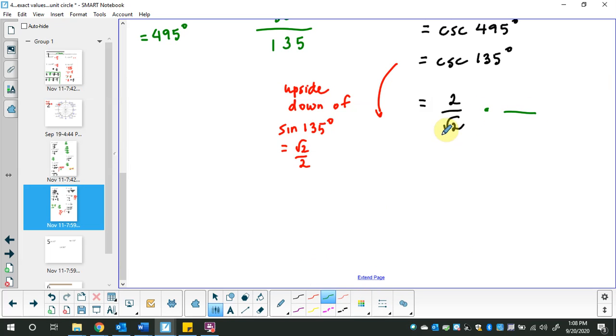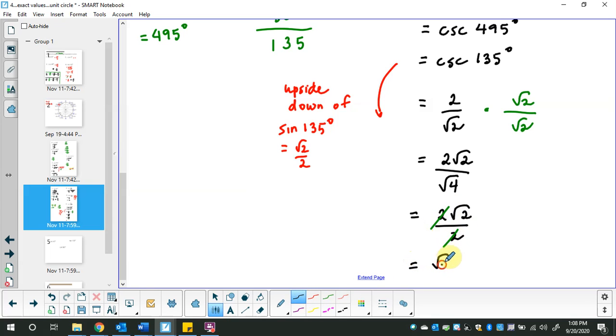The thing that makes it uncool is the root in the denominator, so I multiply both levels by the root. The top will just be a squashed version of what you've got, and the bottom is root 4. Root 4 can be done. And we can actually simplify this time and get that answer.